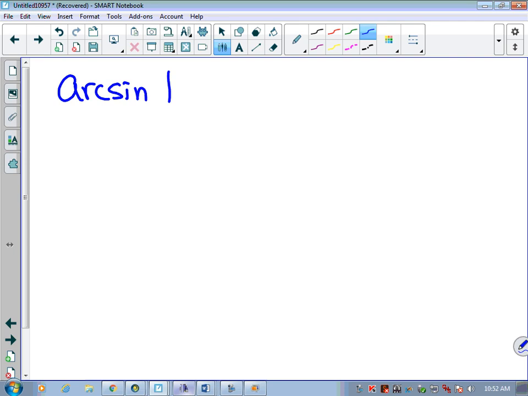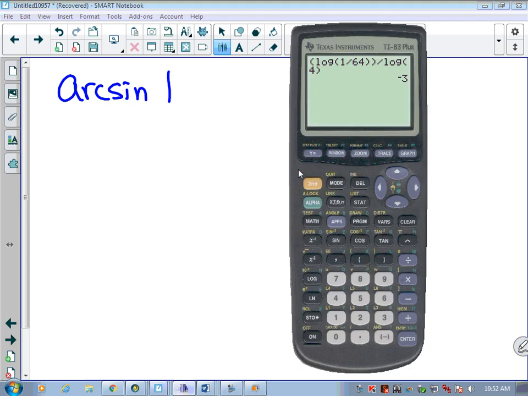How would I check my answer for this? Inverse sine. Yeah, so if I want to check this before I even start, I do inverse sine 1, and it gives me 90 degrees. So we should get 90 degrees.